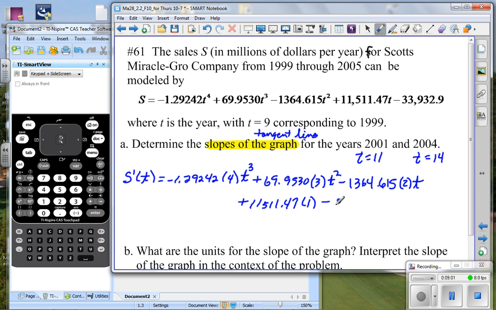It's a constant term, so it's 0. That's our derivative in the general sense.